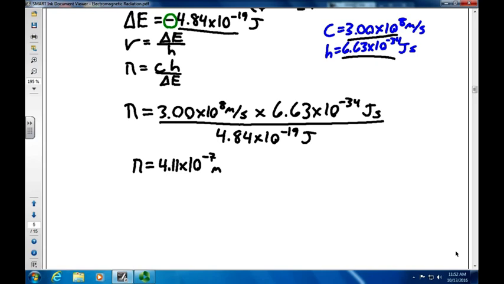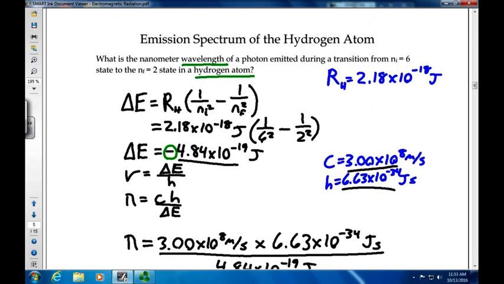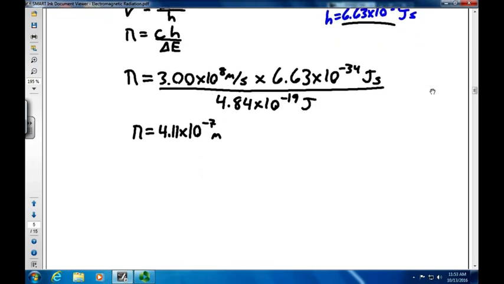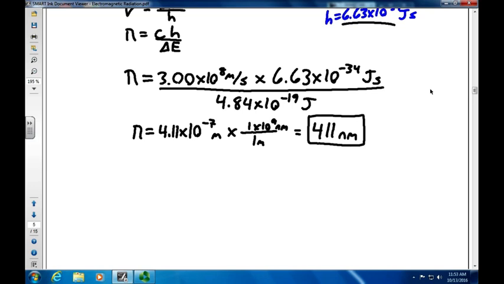But if we come back up to the problem, we're asked to give this in nanometer wavelength. So we're just going to have to convert it over to nanometers, which is 1 times 10 to the ninth nanometers per every 1 meter, which gives us 411 nanometers. And that's our answer.